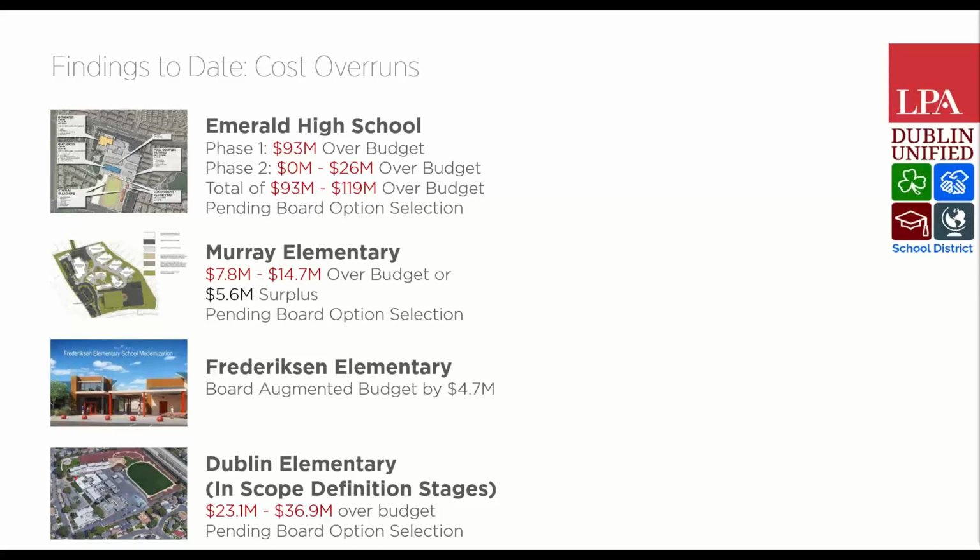I can't explain everything that's happened in the past, but we're trying to make a fresh start on all this. I've been in this position since December, and we're looking really hard at all the projects and trying to get realistic scopes and budgets prepared for all these projects and a plan to move forward to complete them. So we're working really hard at that.